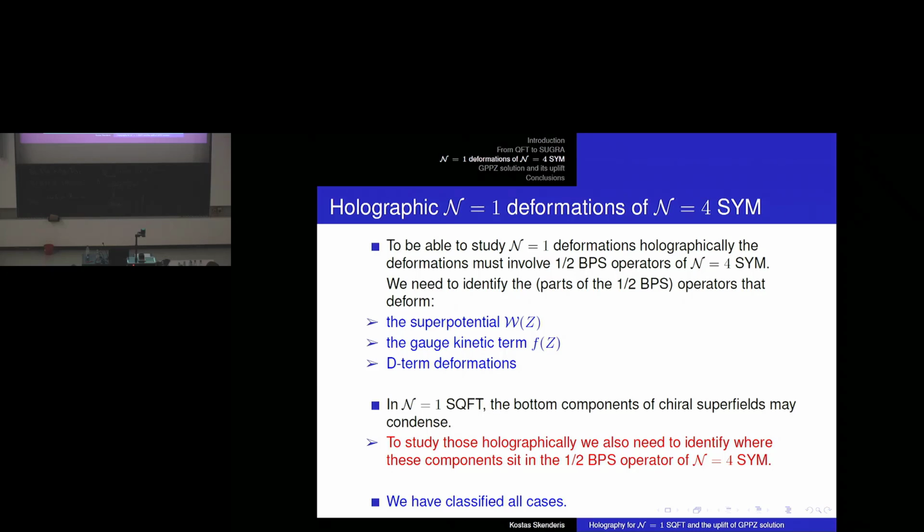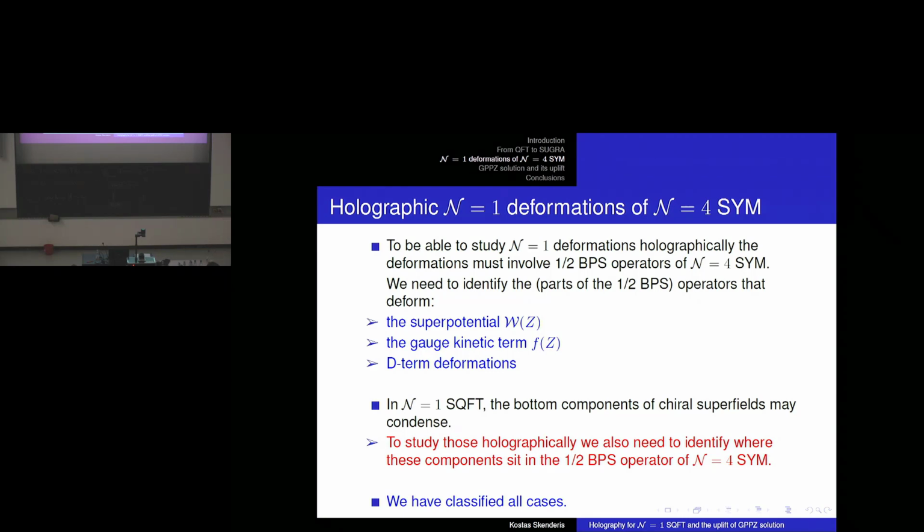Now for the argument I had earlier, these D terms are not particularly interesting because, of course, D terms do renormalize, but the other two do satisfy non-renormalization theorems. At the same time, since we're going to do the classification, we're going to classify all cases because maybe the D terms would be interesting for other purposes.